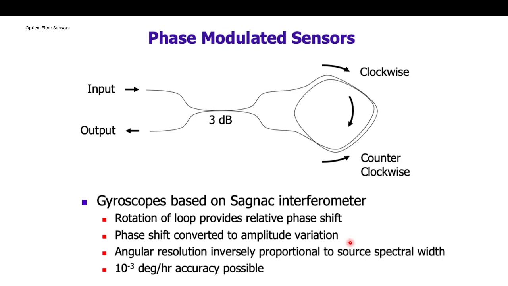Similarly, phase modulated sensors can be made with a Sagnac interferometer, which is very useful for gyroscopes used by aviation industries like aeroplanes, with an accuracy of 10 to the power minus 3 degree per hour, which is quite high.